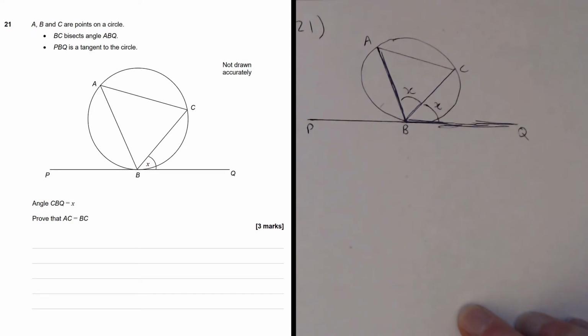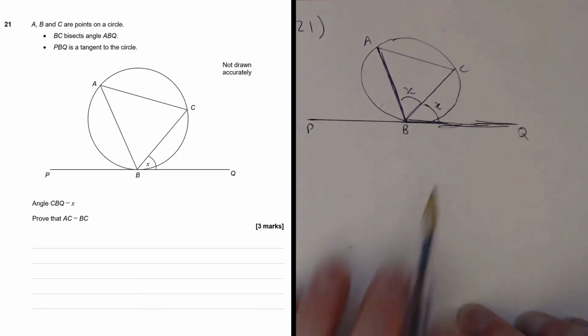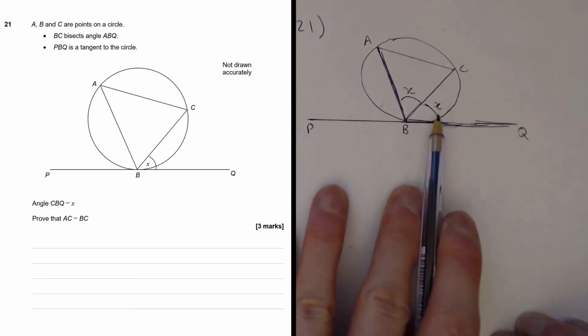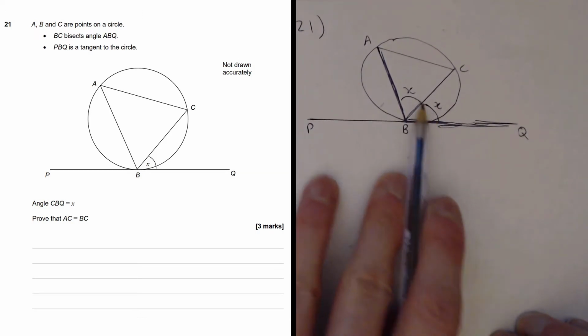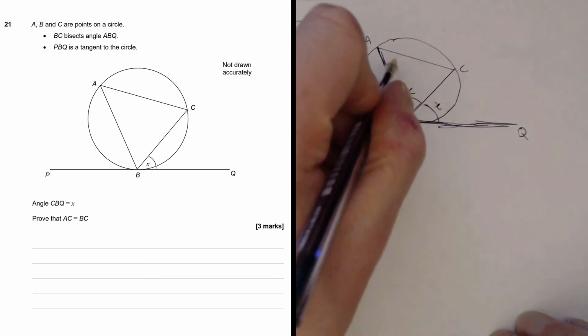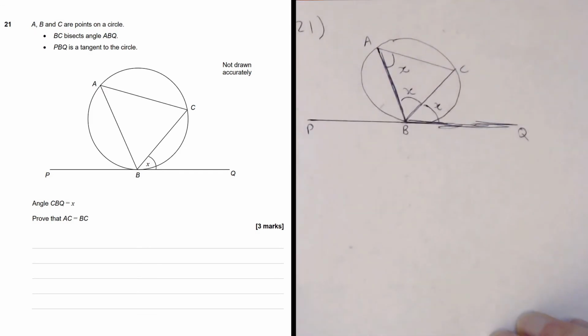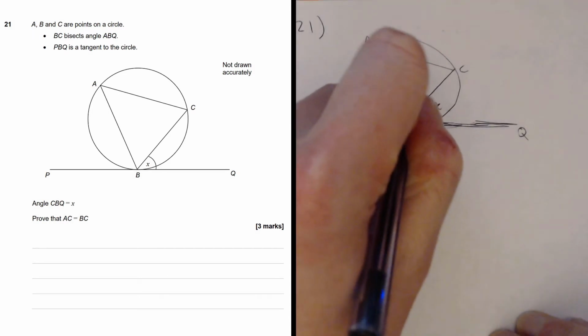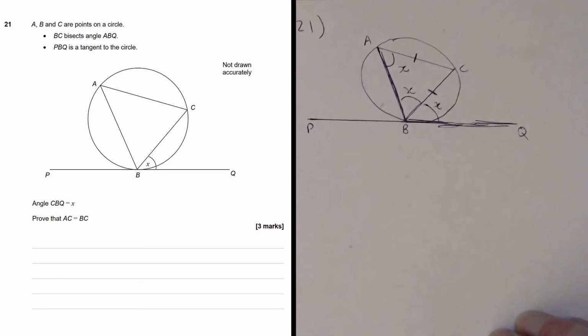But we can also use the alternate segment theorem, because we are told that PBQ is tangent to the circle. So this is tangent to the circle, so that angle there is equal to the opposite one in the triangle. So that's also equal to x. Well, that's interesting, because we have a triangle where two angles are the same. Therefore it's isosceles. Therefore, these are the same.